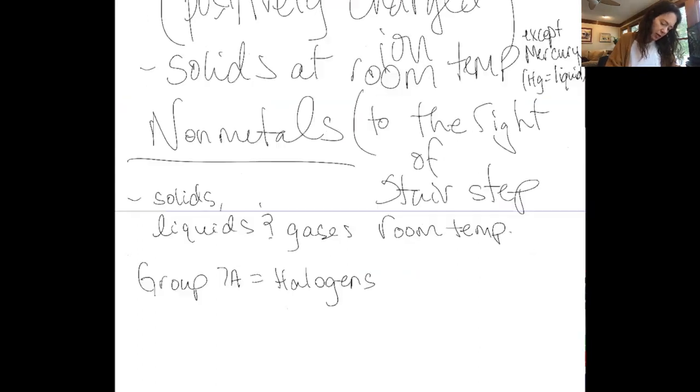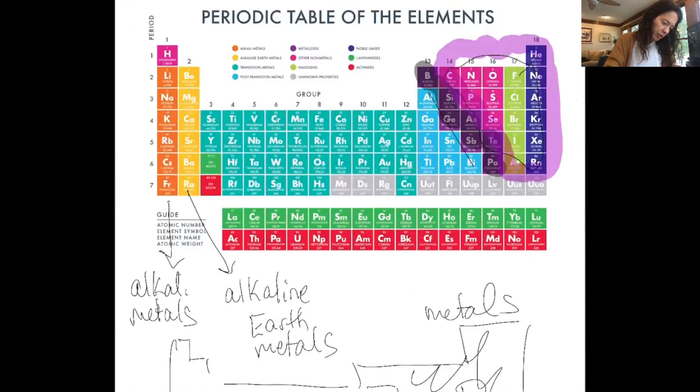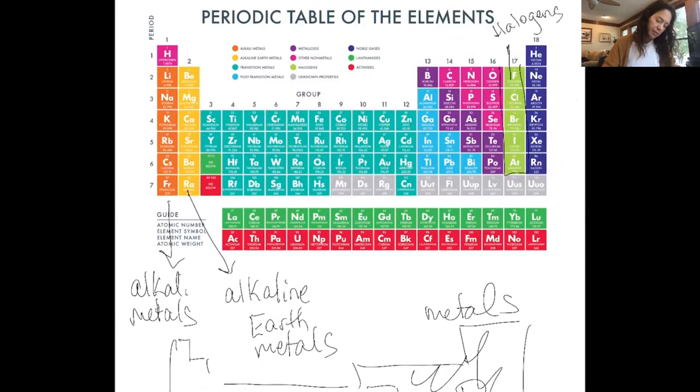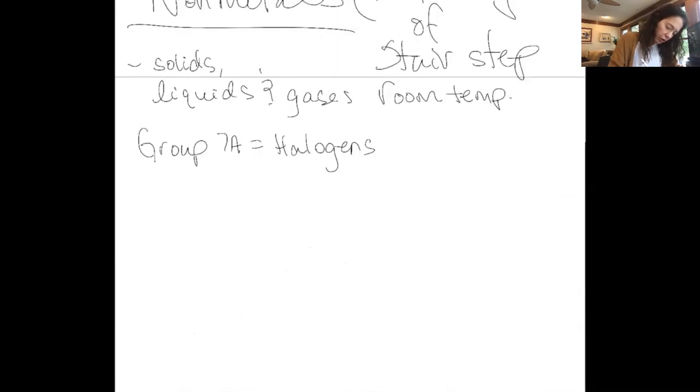That would be this group right here. We're fluorine, chlorine, bromine, iodine. Those are my halogens. You need to know that. They're also called halides. Those halogens are the most reactive nonmetals.